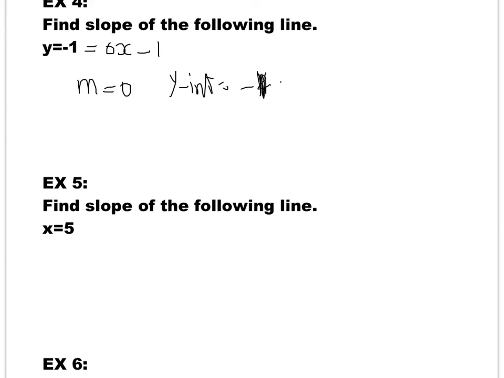Now, let's look at the run. Is x changing at all? What is the value of x here? 5. If I ask you again, what is x? 5. So x is always the same. So what is the run? 0.